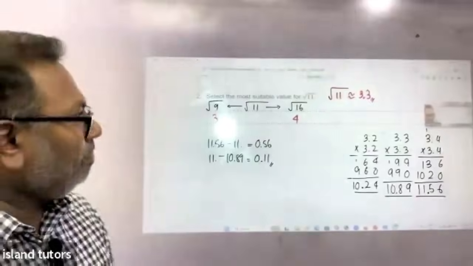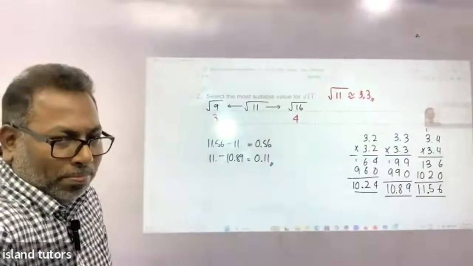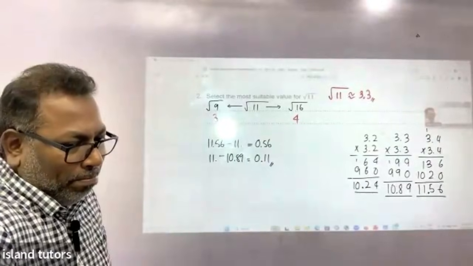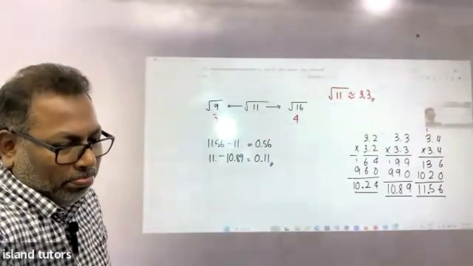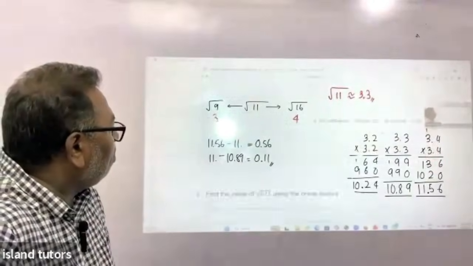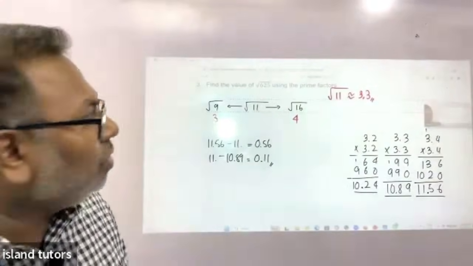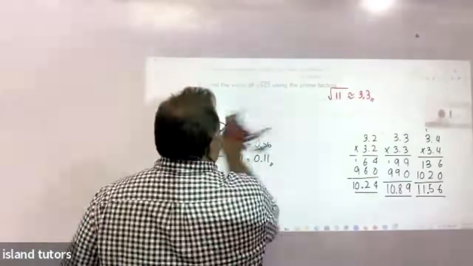Third question. Find the value of square root of 625 using the prime factors method.